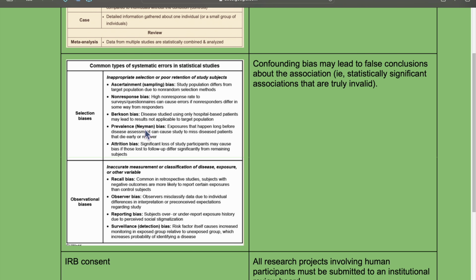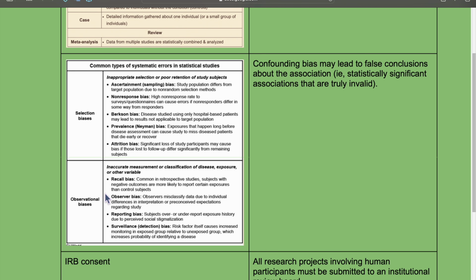Prevalence or Neyman bias is when exposures that happened long before disease assessment can cause the study to miss diseased patients that die early or recover. And then there is attrition bias, which is significant loss of study participants, which may cause bias if those lost to follow-up differ significantly from remaining subjects.